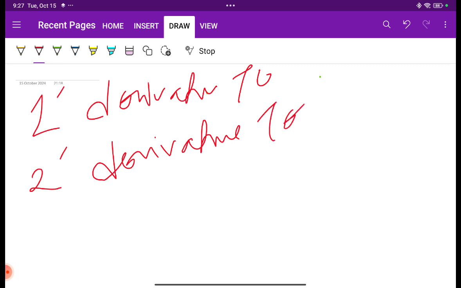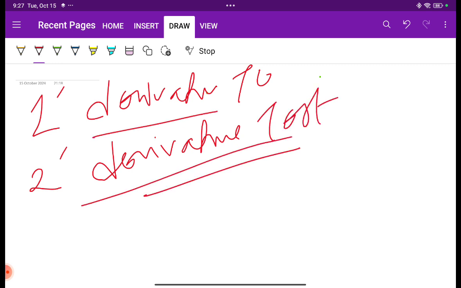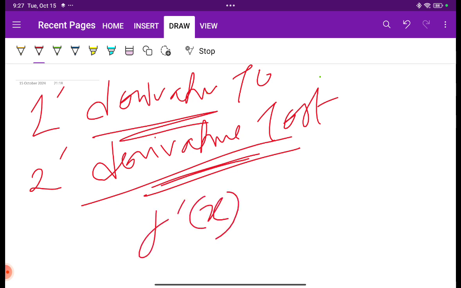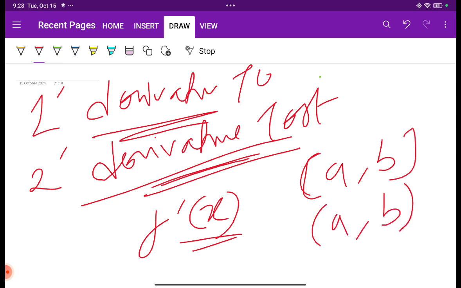As we know, if we differentiate the function f(x), which is continuous in a closed interval [a, b] and differentiable in the open interval (a, b), then if its value comes positive, we say the graph is in the upward direction. If its value comes negative, then the graph is in the downward direction.